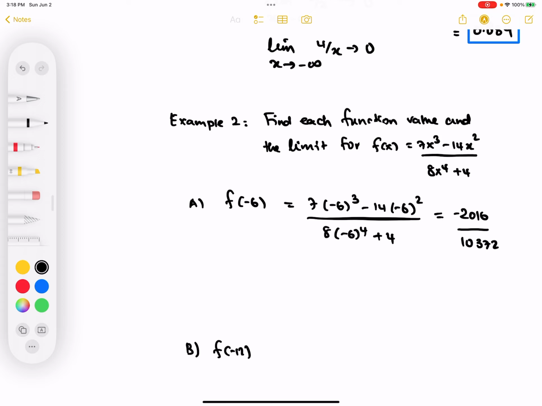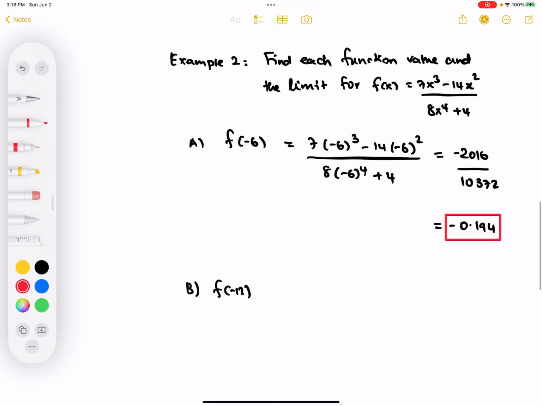So the result, the top divided by the bottom, is negative 0.194. Check your result.